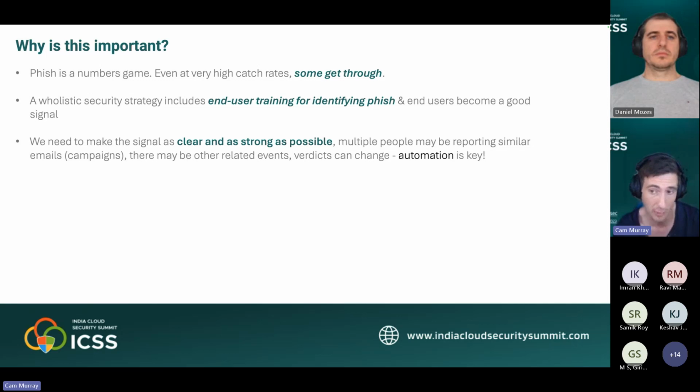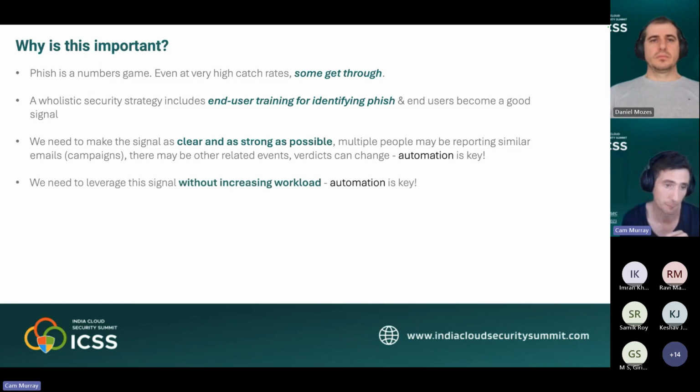So automation is a key component to making sure that signal is as clear and as strong as possible for us to do triage on. We also need to leverage this signal without increasing your workload, right? Remember, numbers game: we might have thousands of messages come through, and 5 or 10 get into an environment.